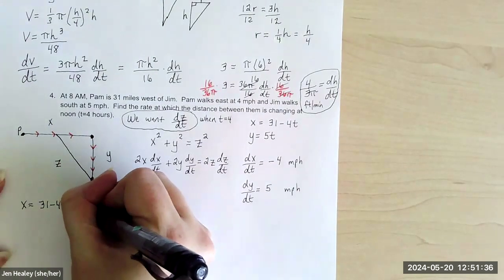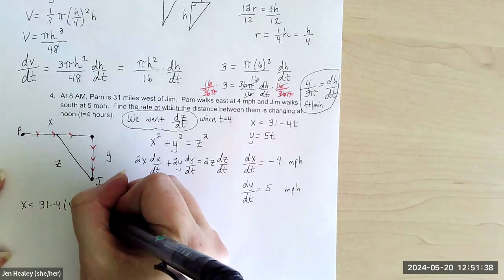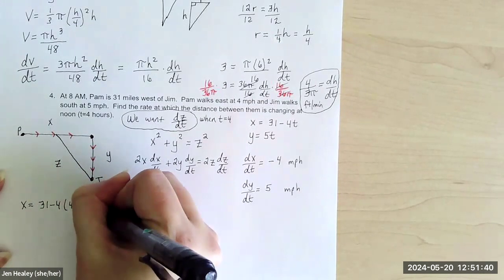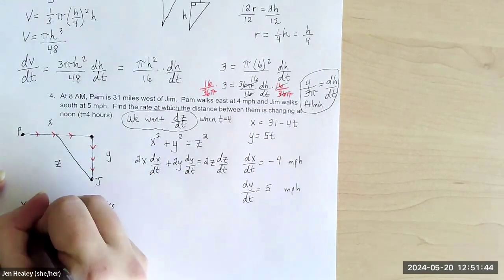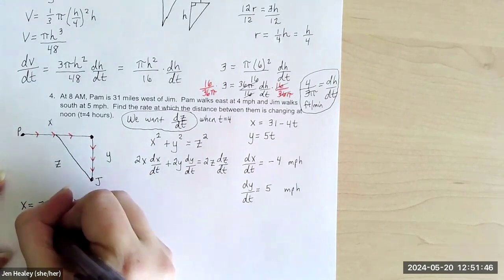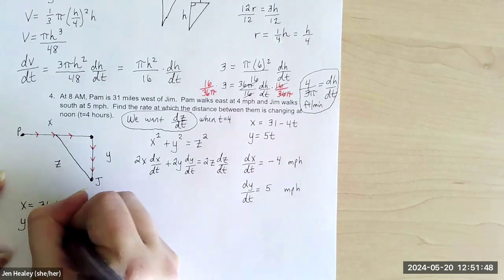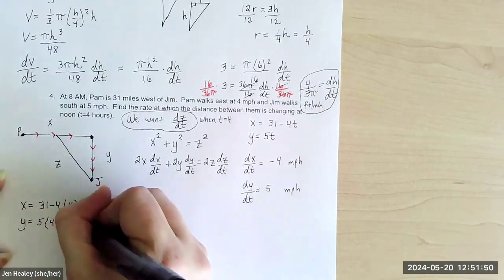So that's going to be 31 minus 16, which is 15. For the y, we have 5 times the t, so we're going to plug in our 4 there. So that's 20 miles.